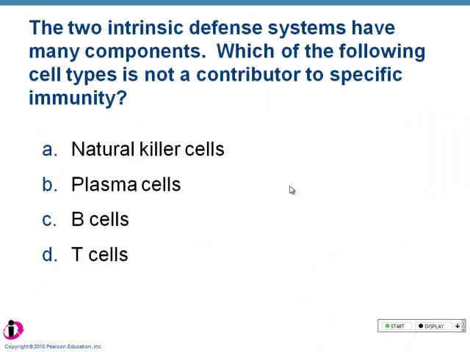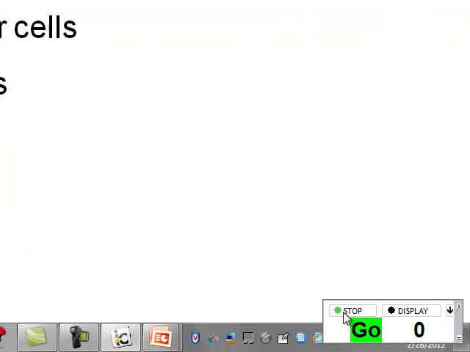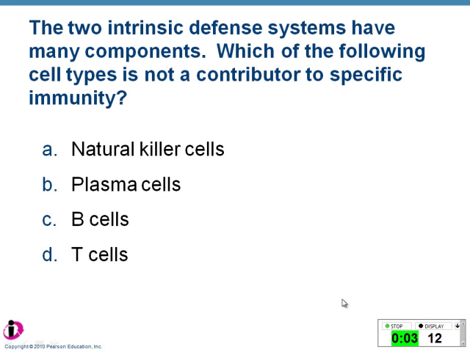The two intrinsic defense systems have many components. What's intrinsic? Which of the following cell types is not a contributor to specific immunity? It kills stuff, but it's not specific. Does that help? 5, 4. That's our number.